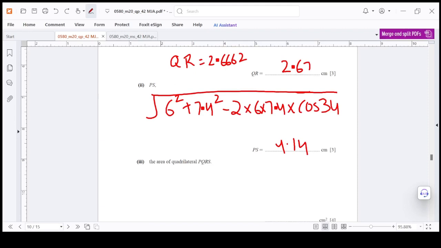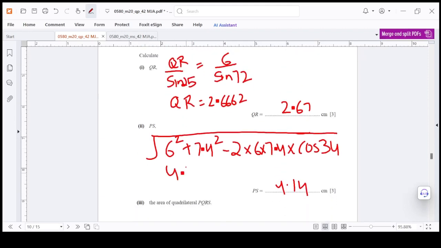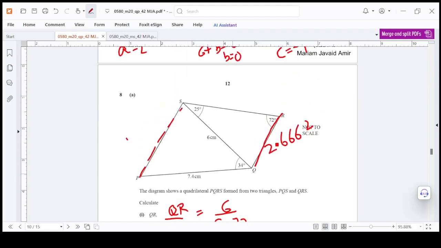Area of the quadrilateral PQRS. So first, guys, write the longer answer because we'll probably need this length again, and we will not use the rounded value. Okay, so now we need the area of the quadrilateral, so we can use half ab sine C twice, I believe.